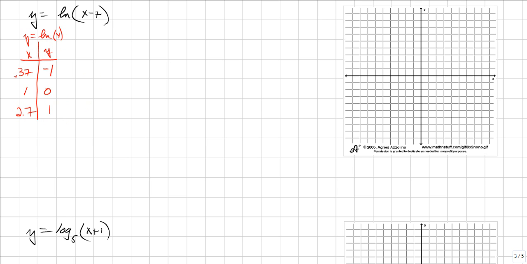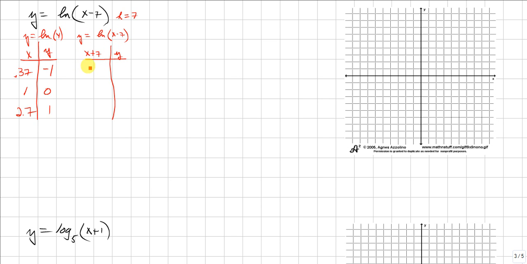Now, in my equation I've got h equal to 7. So the x values are going to shift by 7. For y equals ln of x minus 7, I'm going to have x plus 7, and my y values will stay the same.